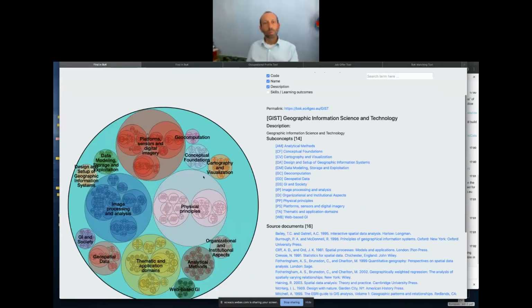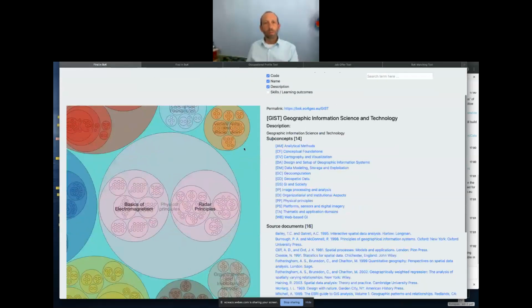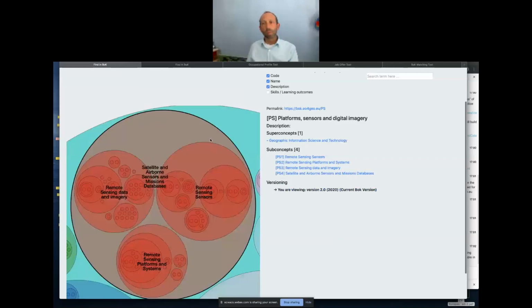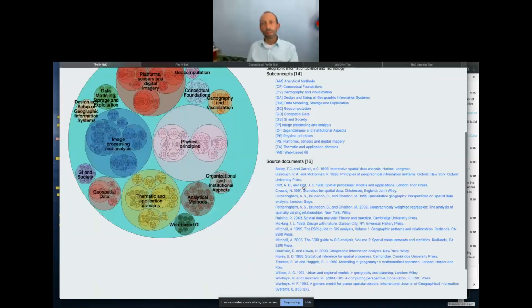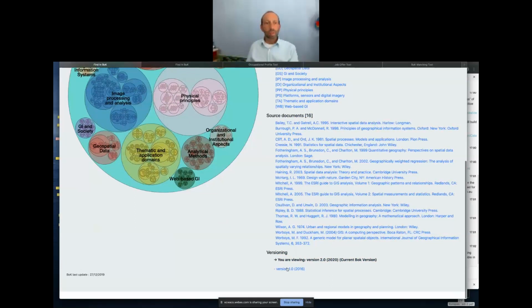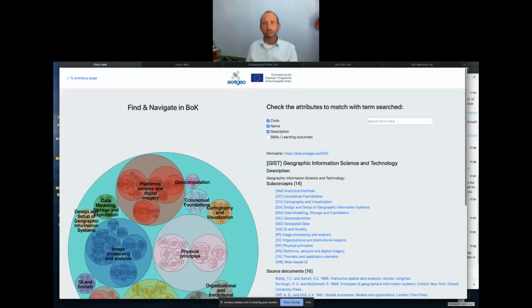I click on this. I can also open this field a bit so that I can see the text better. And then I'm going to edit this concept. Here you see several buttons to create and edit the body of knowledge. You can add, but now I'm going to edit this particular concept.